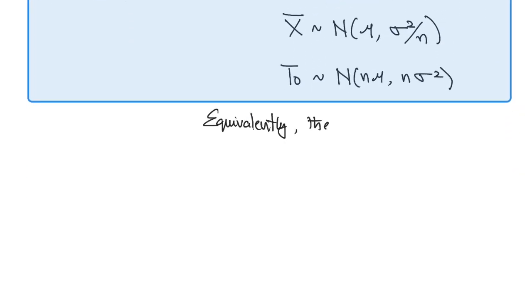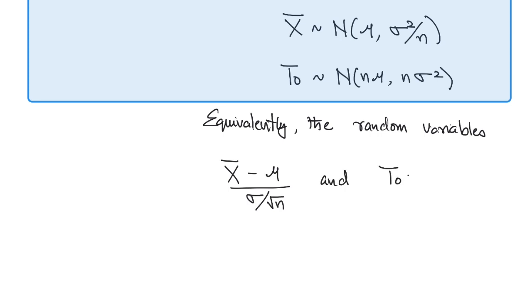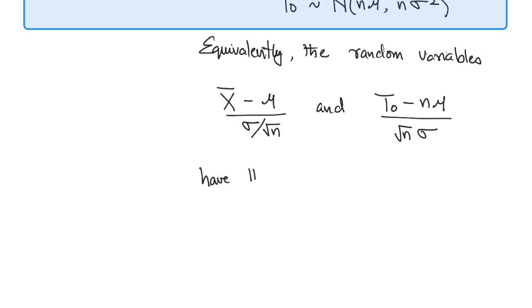This is equivalent to saying that the random variables x bar minus mu divided by sigma over square root of n and t naught minus n times mu divided by square root of n times sigma both have the standard normal distribution.